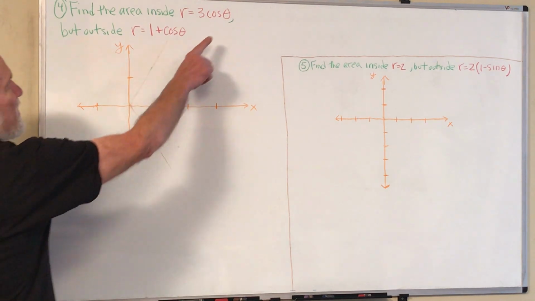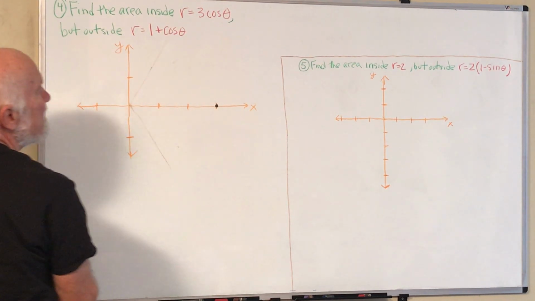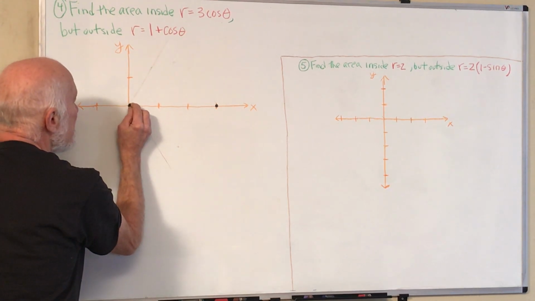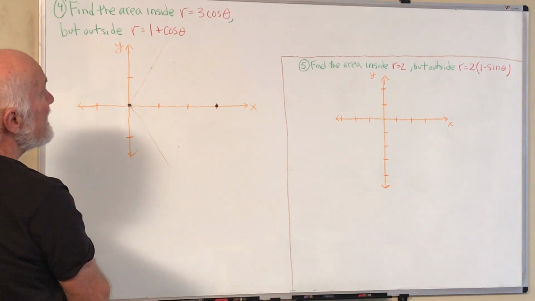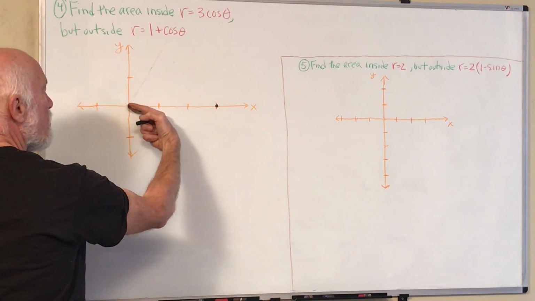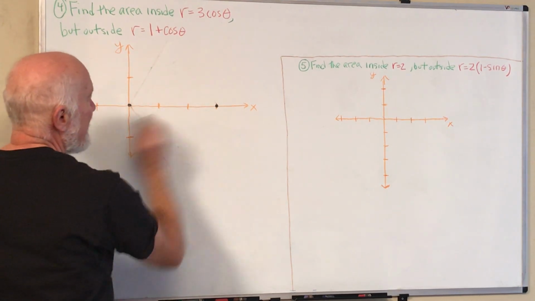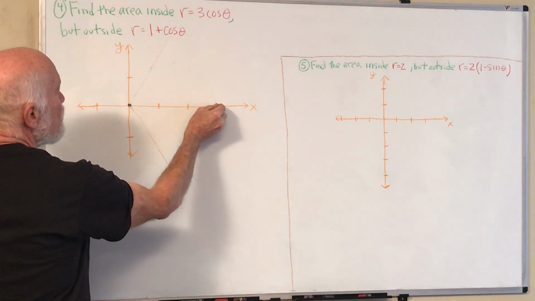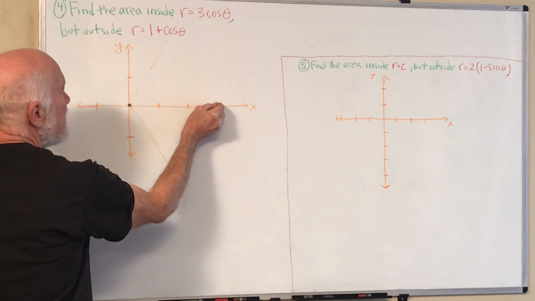Let's see. When theta is 0, I get 3. When theta is pi over 2, I get 0. And when theta is pi, I get negative 3. So pi goes out in this direction, but I'm going -3, so I'm back here again. So the circle, and this is where you want to take time to draw this neatly, if you can.